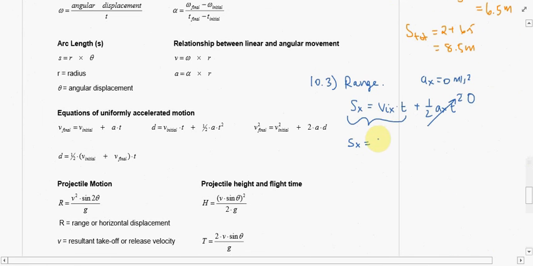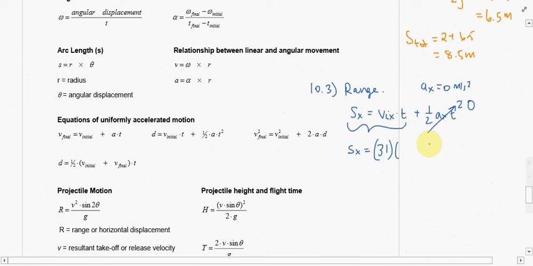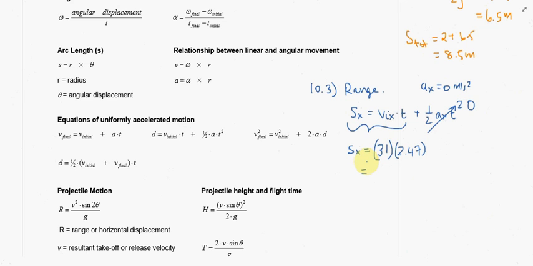If I take this 31 and multiply it by the time we calculated, 2.47, I should get my range, which is 2.47 multiplied by 31, giving 76.57.